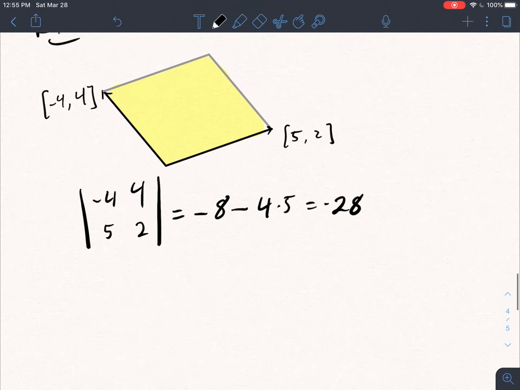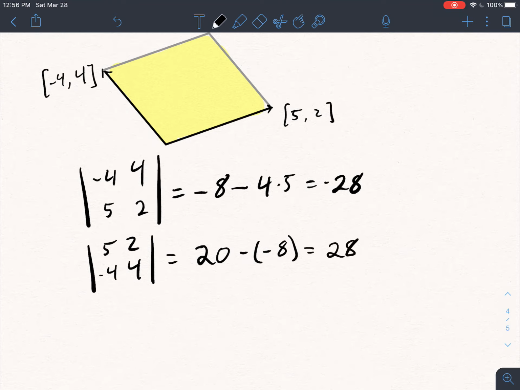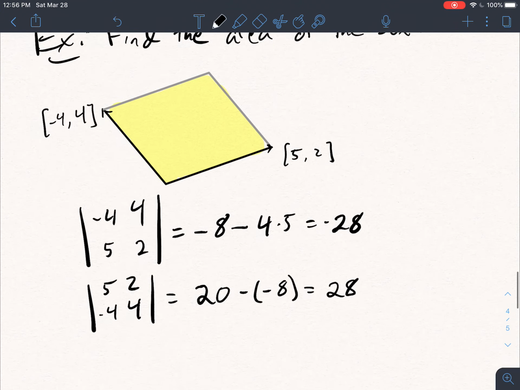So if I go clockwise, I should expect to get a negative area, whereas if I were to do the vector 5, 2 first, and then negative 4, 4, then I should get 5 times 4 minus 2 times negative 4, and then this does give us our positive area. Okay, cool. So if you start with this vector first and then go counterclockwise, then you will get your positive area.